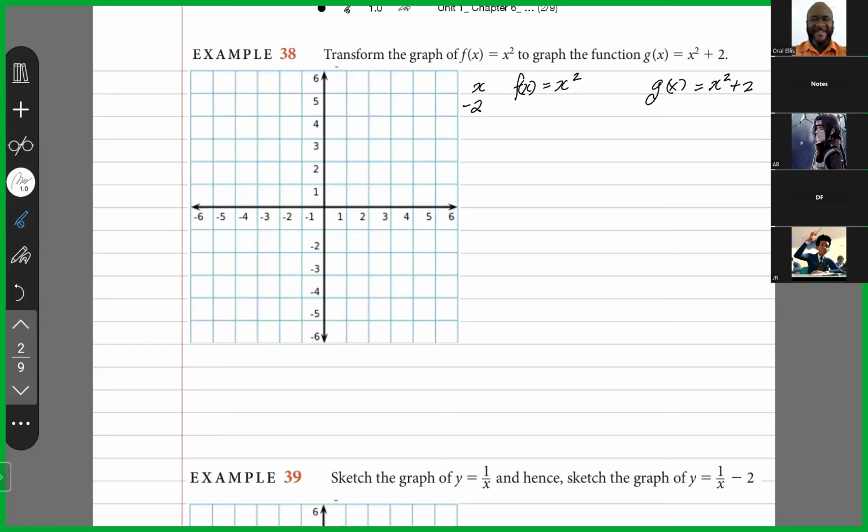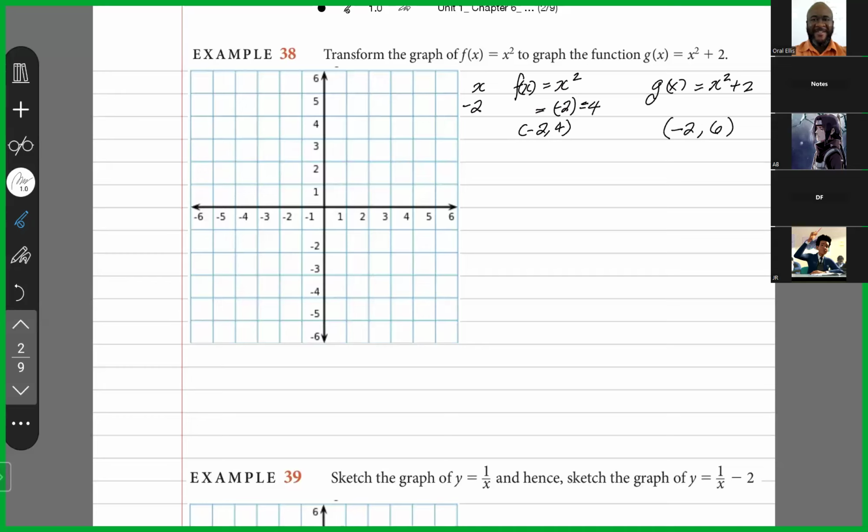When x is equal to minus 2, f of x would be equal to minus 2 squared, which is 4. So this is the point minus 2, 4 on f of x. Now on g of x, it would be minus 2, 4 plus 2, which is 6.